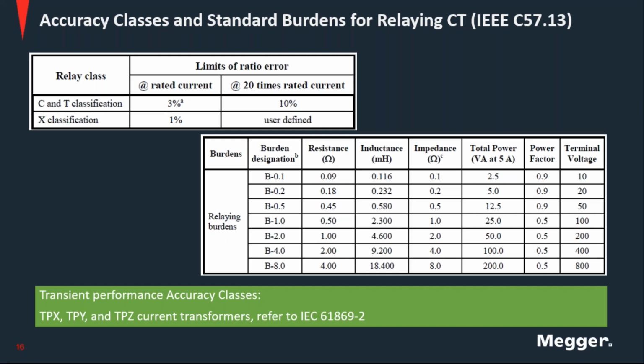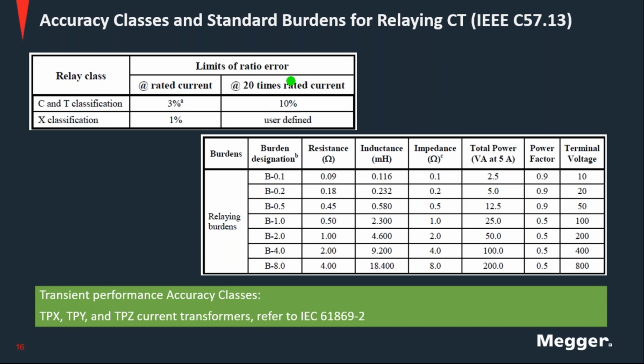We just need the instrument transformer not to saturate and reflect to a certain degree the condition of the primary side. So now we have limits of 3% at rated current and 10% at 20 times the rated current. So this is a fault condition.